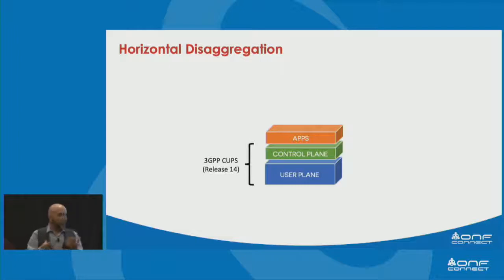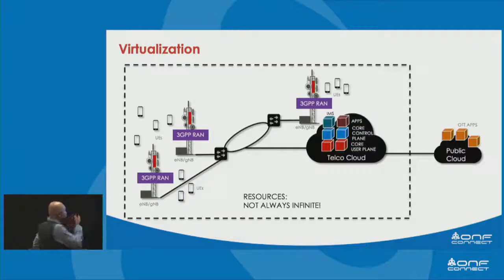We now have, at the core network, the user plane completely disaggregated from the control plane, and we have applications such as IMS, internet access, etc., sitting on top. And I could potentially then apply it like this.